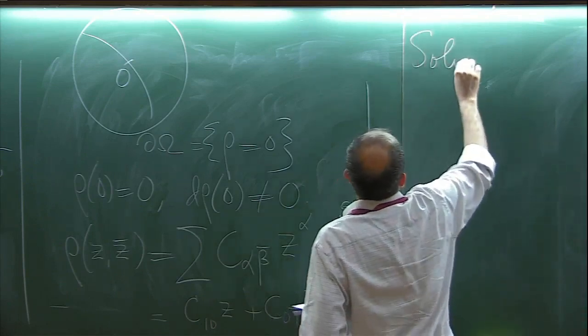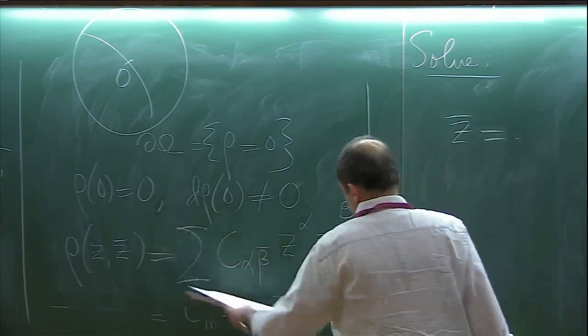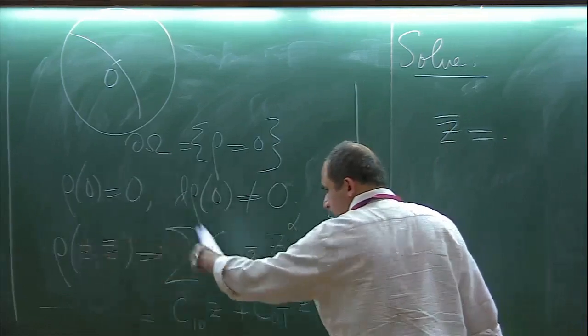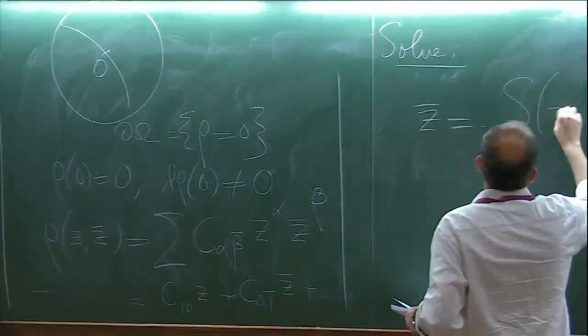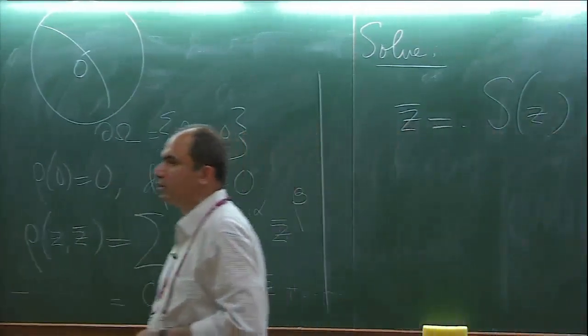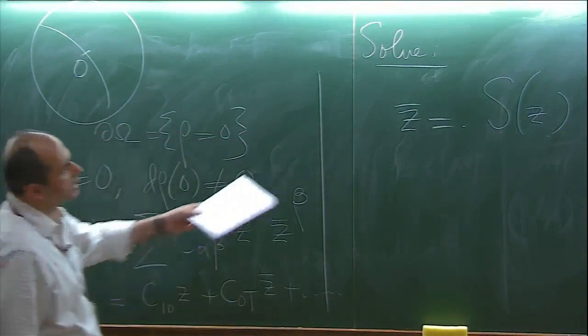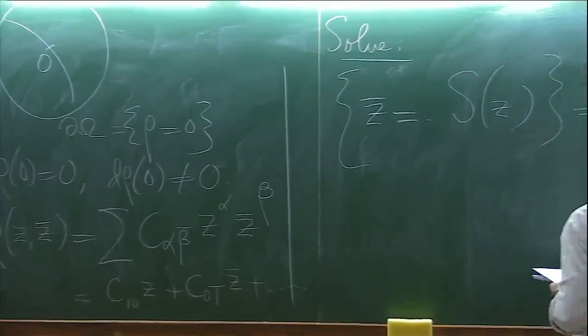So I take this to the left hand side, divide out by these coefficients, and throw all the z stuff there. And if I'm careful enough with the bookkeeping, the right hand side will be a holomorphic function locally. So the defining function of the boundary can be rewritten in this form, locally.